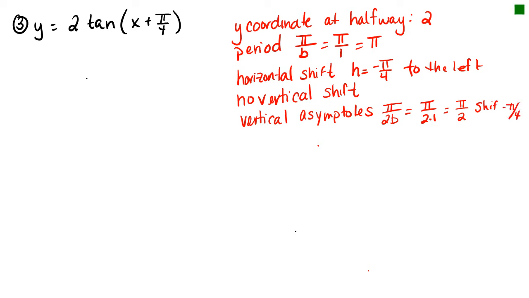So don't forget that. We need to shift everything over by pi fourths. So here we go. And I think since we're shifting negative, our positive is going to shift over there.